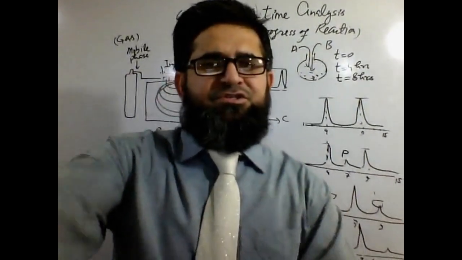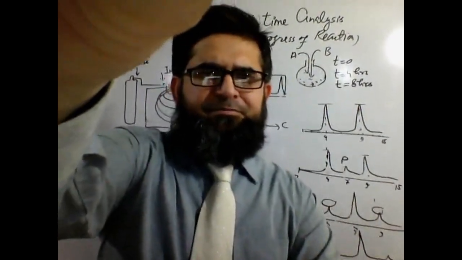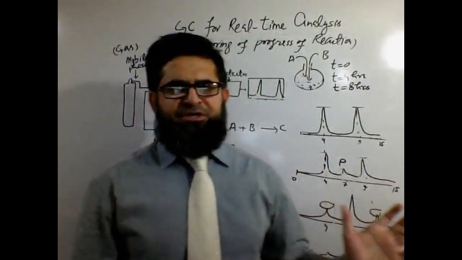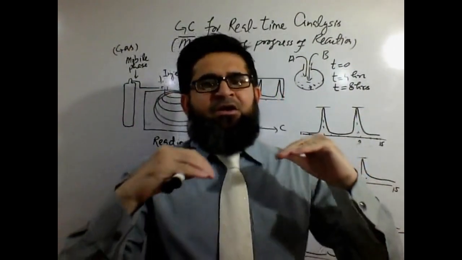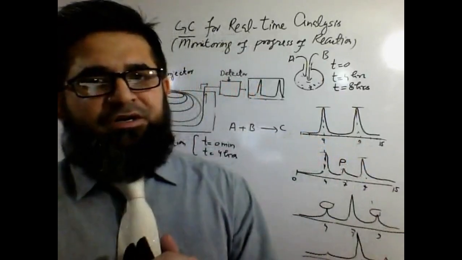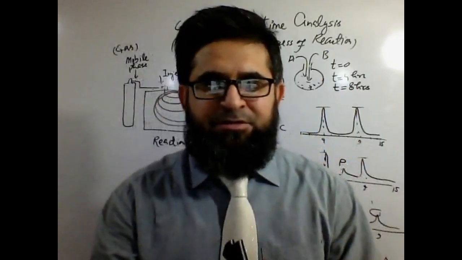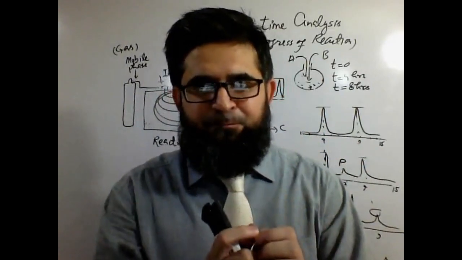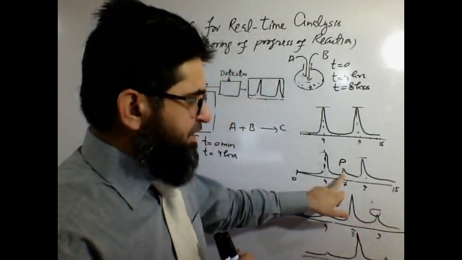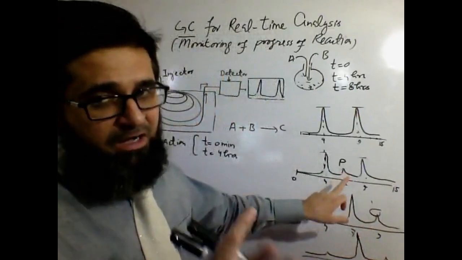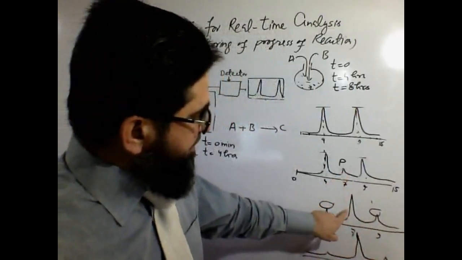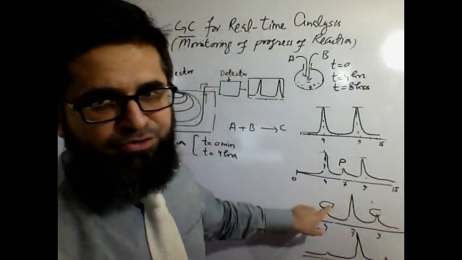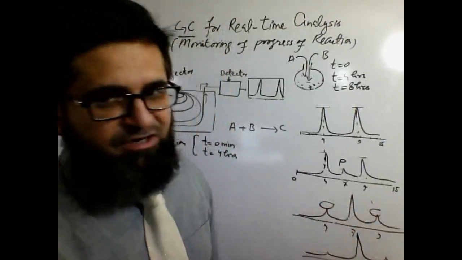So this is how one can get the information whether the reaction is still in progress, reactants are reacting with each other, product is being formed, or product has been formed in a bigger amount and the reactants have reduced.